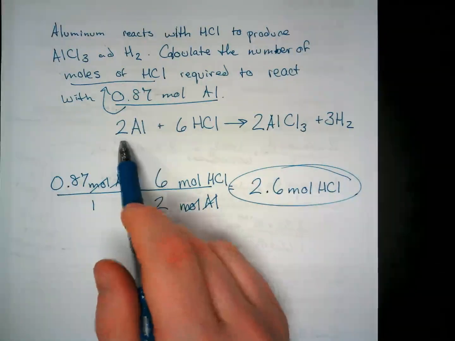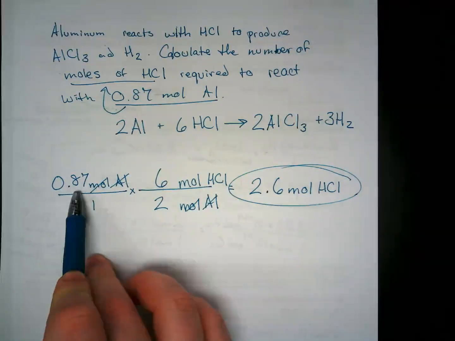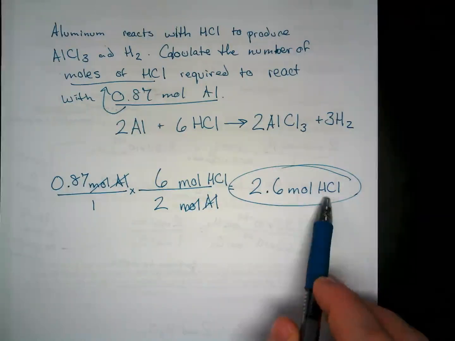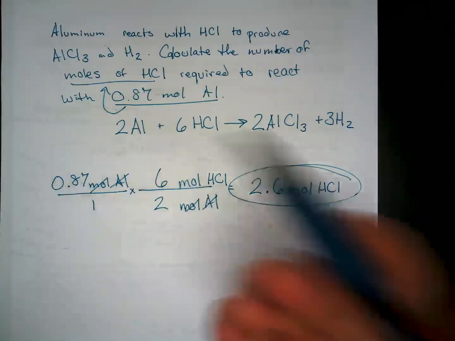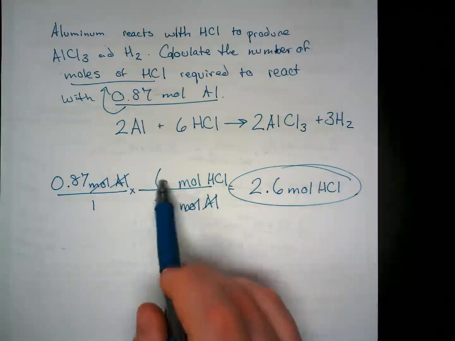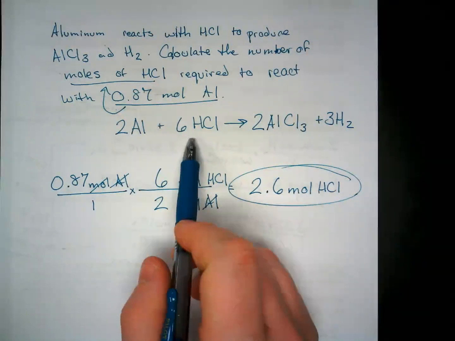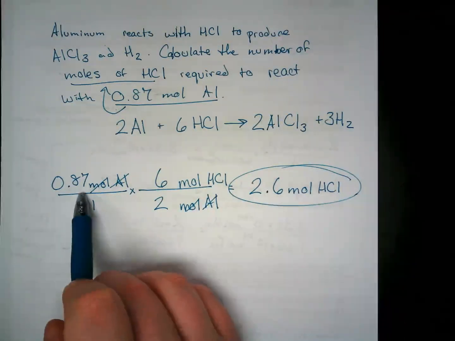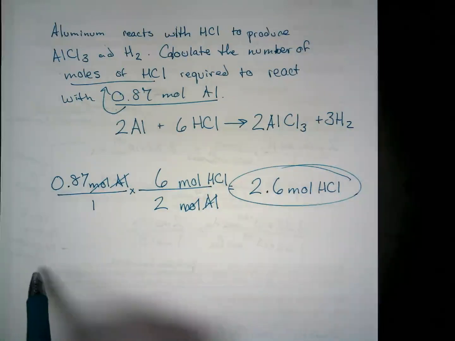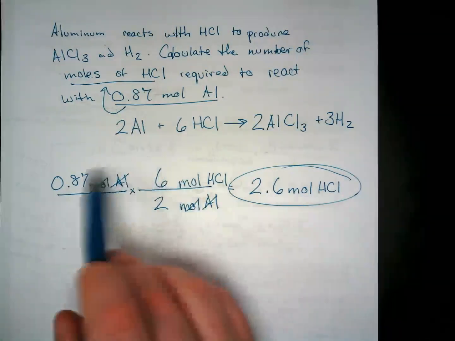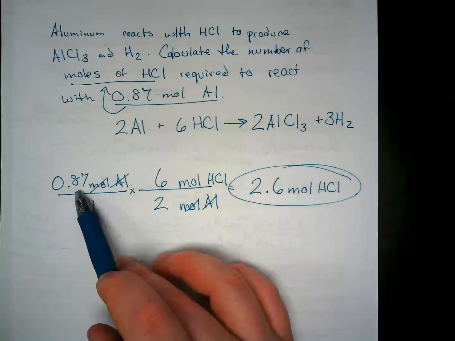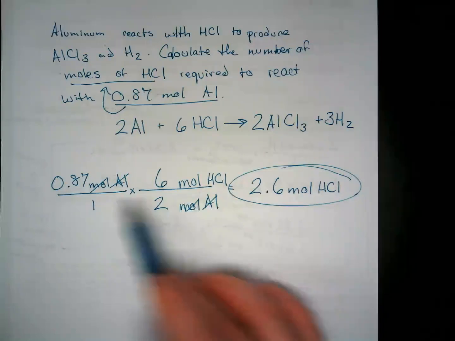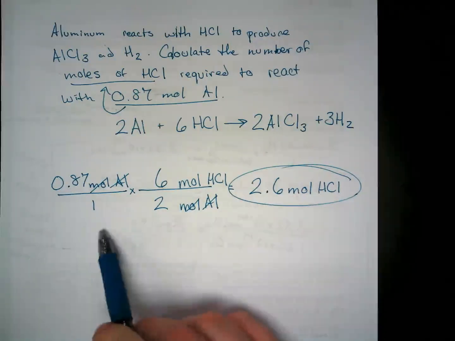So if we need 2 in order to react with the 6, and we only have 0.87, how many moles of HCl is going to react with the 0.87? To find that, we convert using the ratios we see here. This is the amount of moles that will react with what we're putting into it. Since we don't have 2, we only have 0.87, sorry, that 0.87 is just going to react with 2.6 moles of hydrochloric acid.